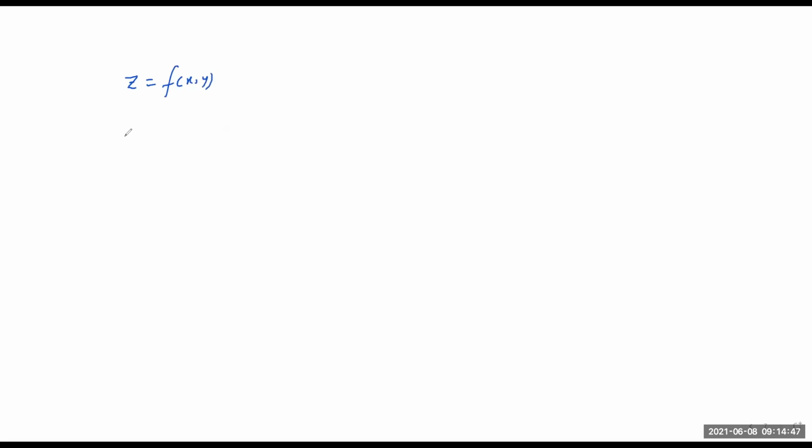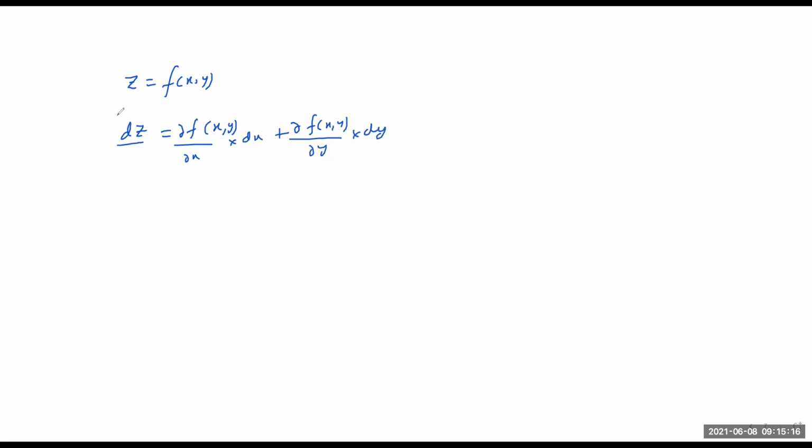So the rate of change of z is written by a formula: differentiate with respect to x and multiply by dx, plus differentiate with respect to y and multiply by dy.